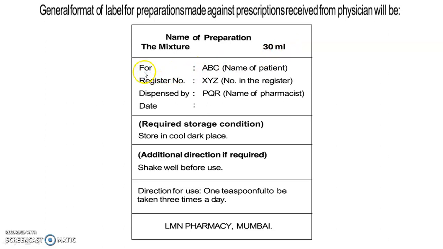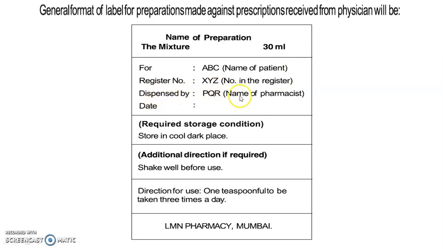Then the next part is the name of the patient, for example ABC. Register number, that is the number given in the register, for example XYZ.